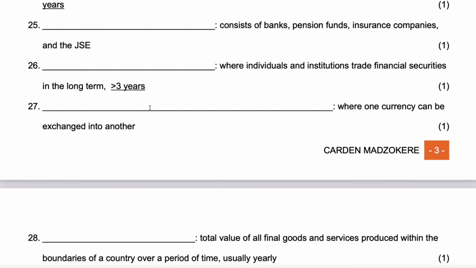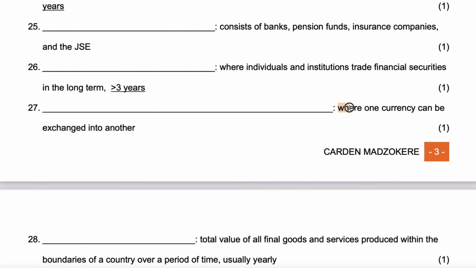If you say foreign exchange, your answer is wrong, because foreign exchange is the act of exchanging one currency for another. That one is like an act. It's a verb. It's a doing word. Foreign exchange, the act of exchanging one currency for another, you can actually do it. But this one is asking about a place. Where are you going?